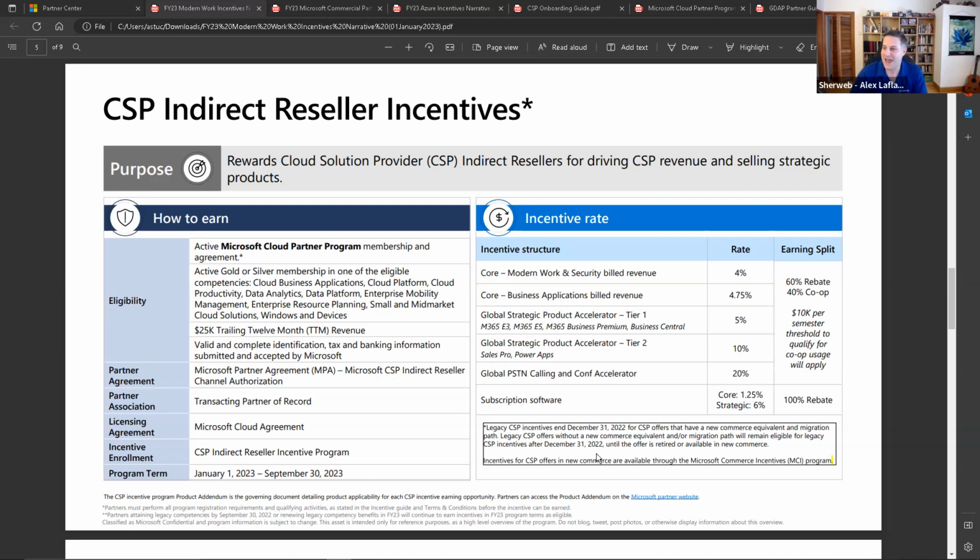So your last check coming from Microsoft for anything related to legacy incentives is going to be in February, because whenever you earn in a month, it's always 2 months later that you get that payment. And if you do not have any co-op activities to do, the remainder of your co-op funds will be deposited in your account around February 17th as well.